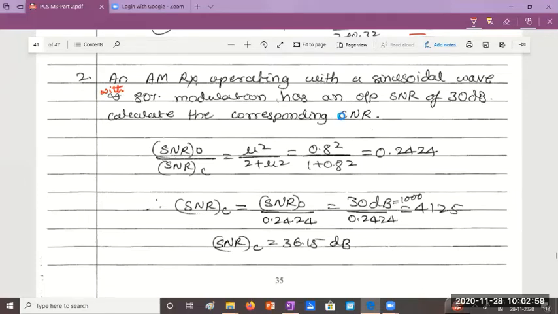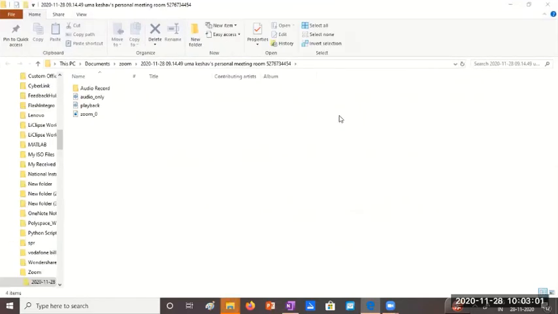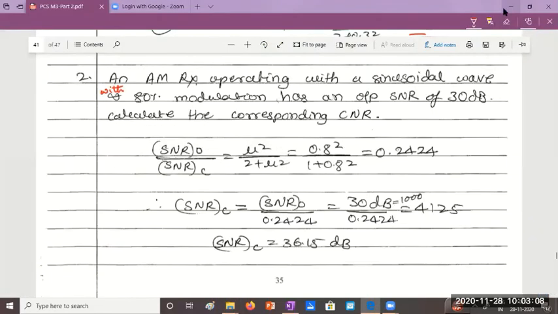What happened? I think this should be calculate SNRC rather than CNR. Calculate the channel signal to noise ratio.